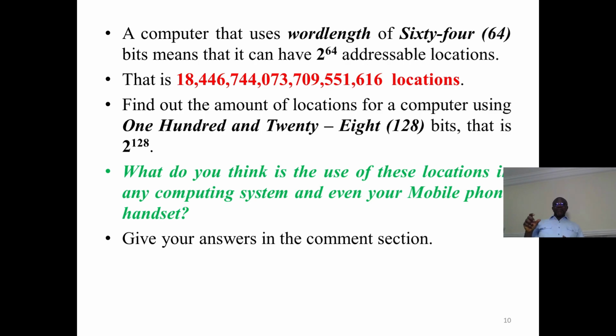Then if you divide it by 1024, which is 1K, you'll be able to see the difference when you have your memory capacity in kilobytes, in megabytes, and in gigabytes.